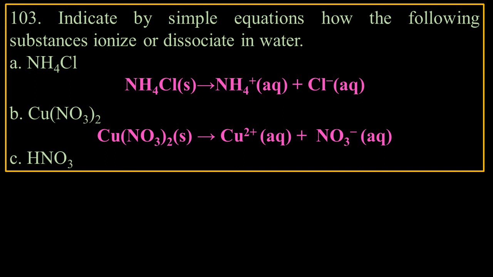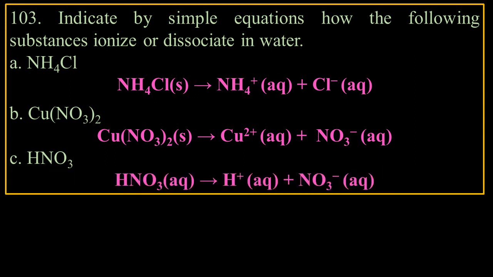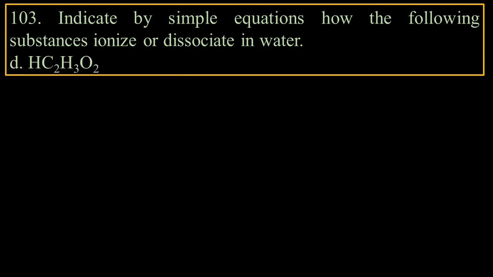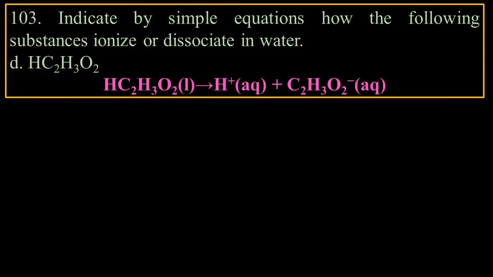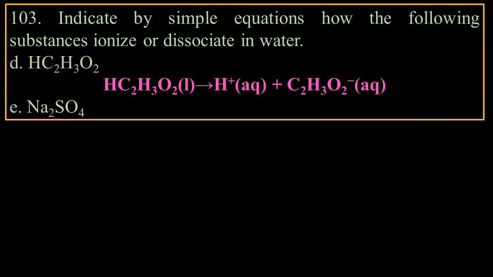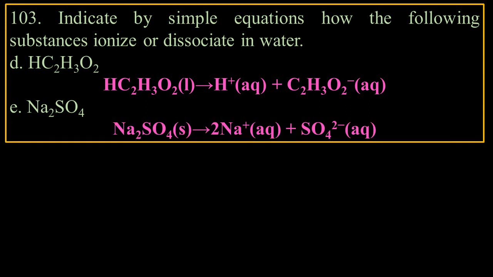And then nitric acid would be H plus 1 and NO3 minus 1. And I'll just let this run out. I think we're going to do DEF. By the way, that's acetic acid. We'll study that a little bit in chapter 19.